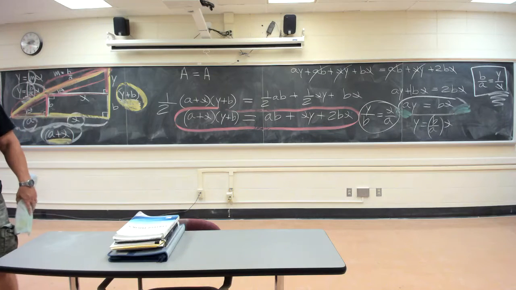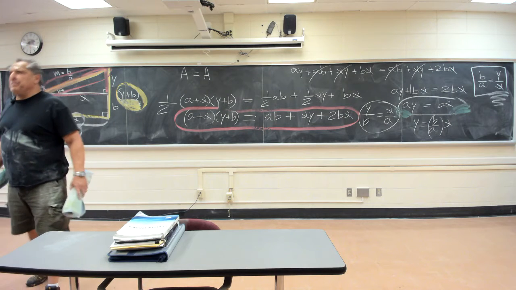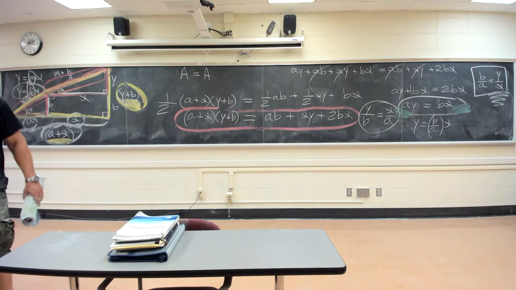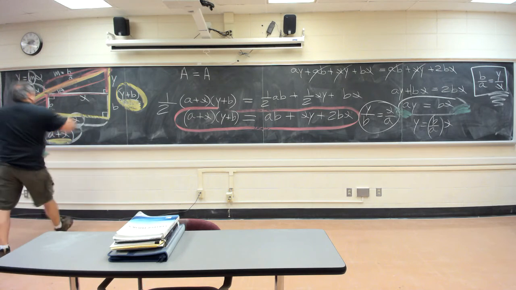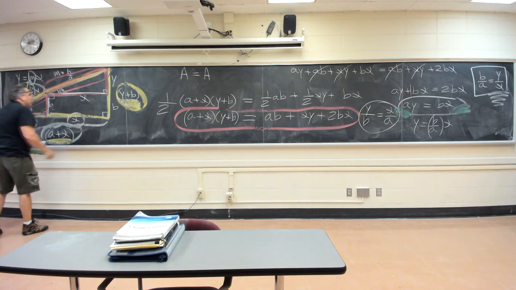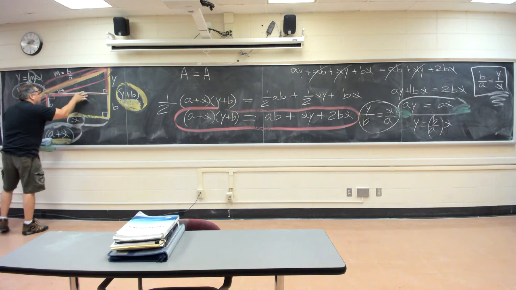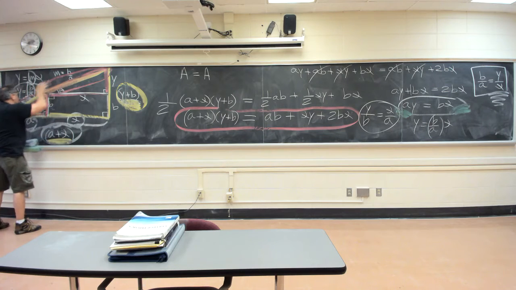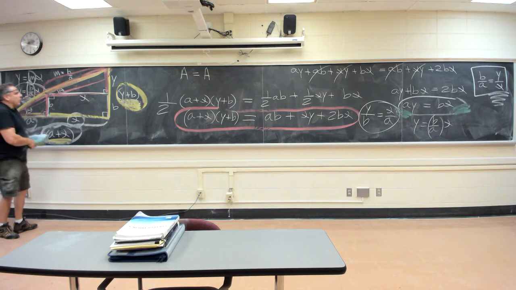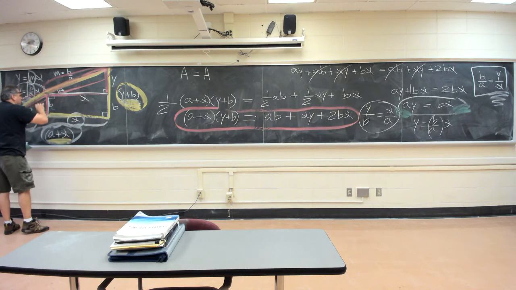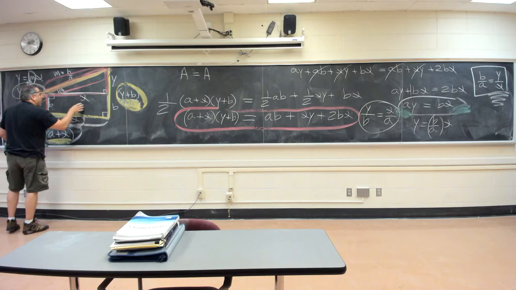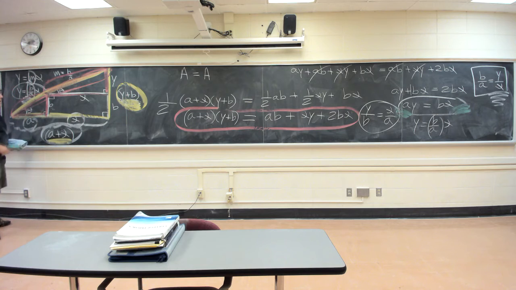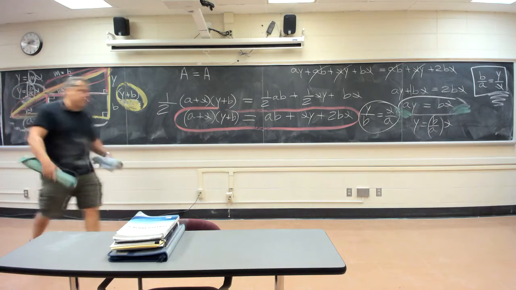Big rise divided by small rise is equal to big run divided by small run is equal to big hypotenuse divided by small hypotenuse. That last thing we haven't proved, but we're going to.